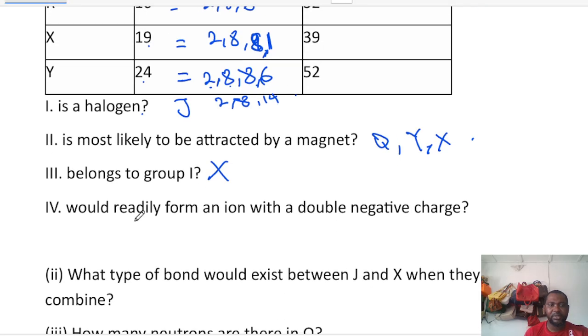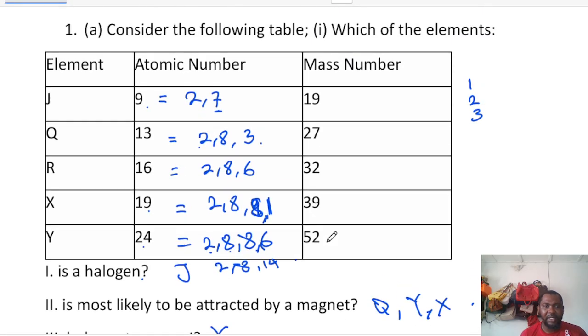Then the next one says, which would readily form an ion with a double negative charge? For an atom to form a negative charge, it needs to gain electrons. So we look for the one that can gain 2 electrons. This one is 1, no. This one is a metal, no. This one is 2.